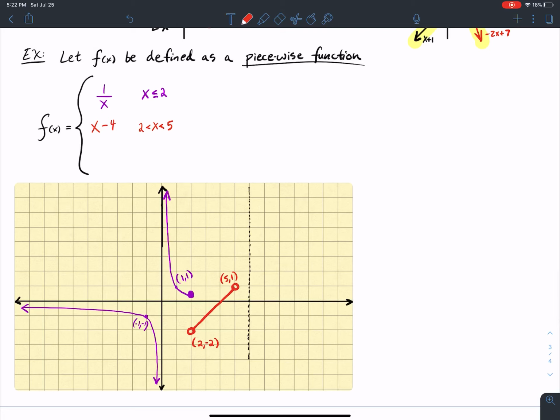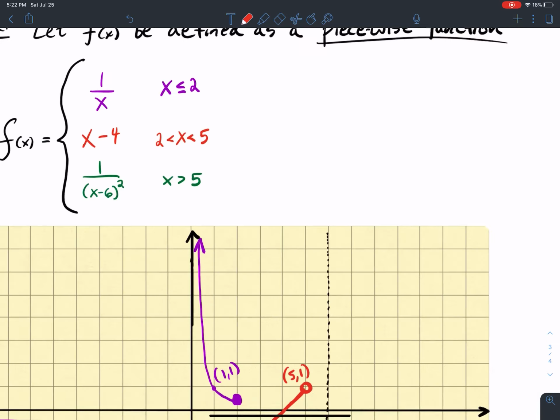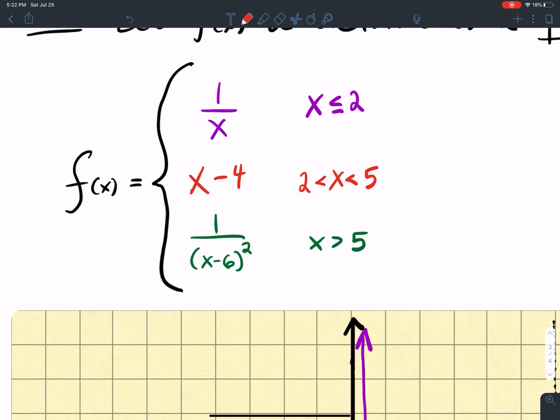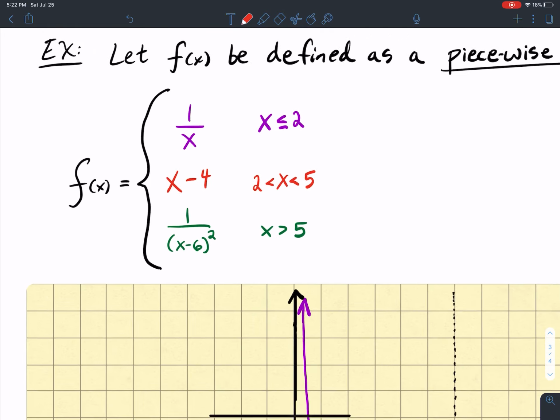Now the last piece is another rational, and this rational is a little different. It's 1 over x minus 6 quantity squared. And so, what's different here? Well, this factor, instead of just being a linear factor like the first one is, it's actually squared, meaning a multiplicity 2.